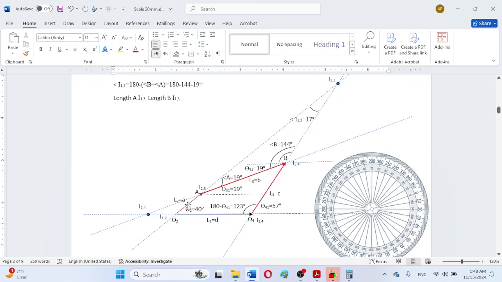So in this way we imaginarily calculate the data for point A, the velocity of point A with respect to the fixed instant center I1,2 or O2, about which it is pivoted.